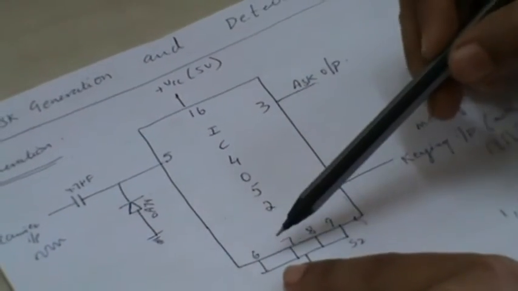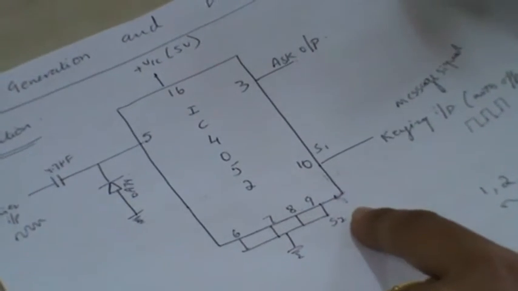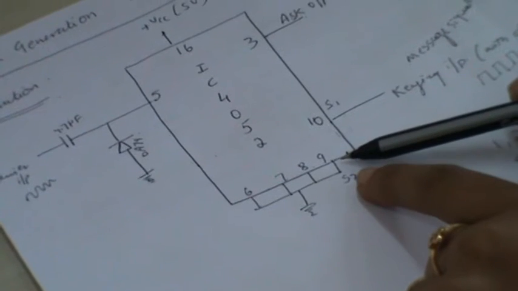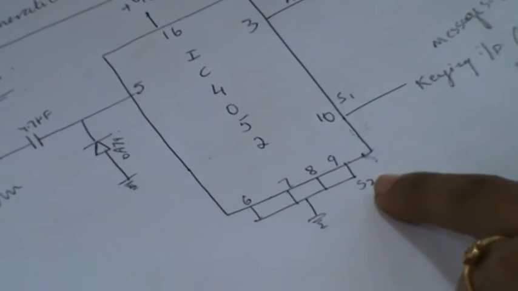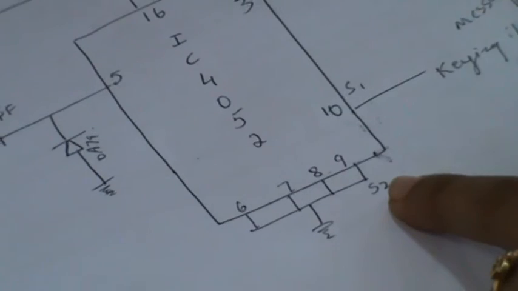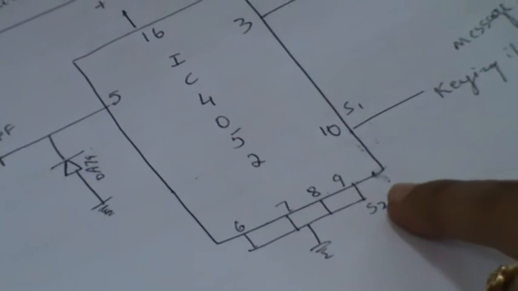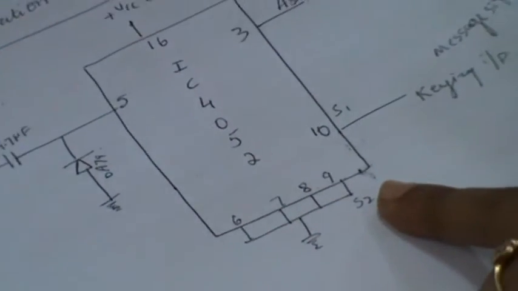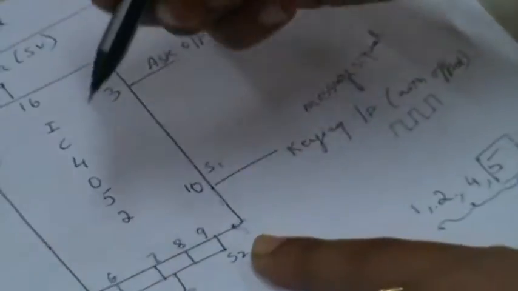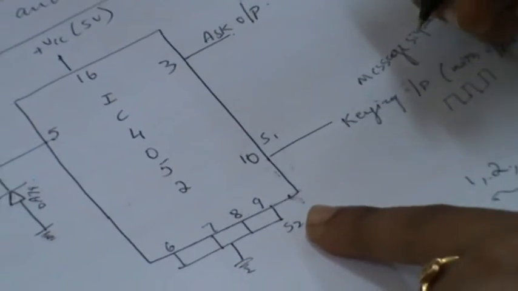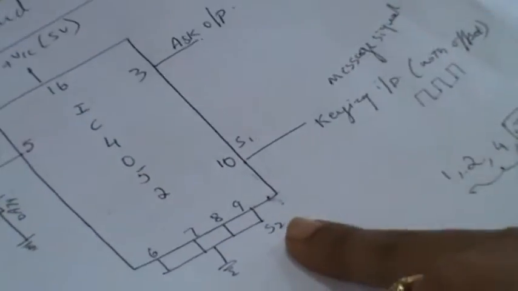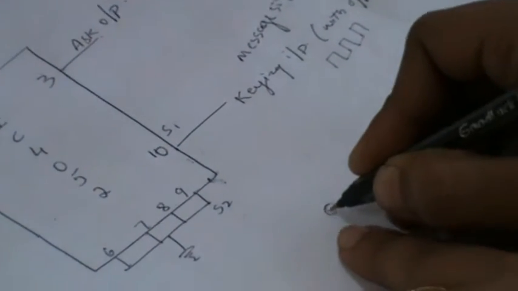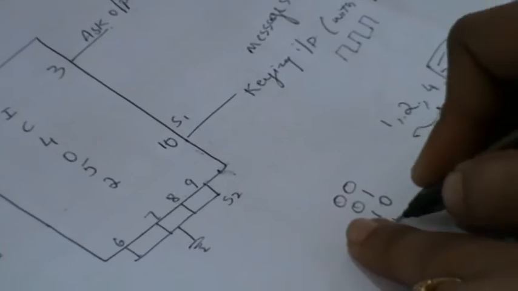Here pin numbers 6, 7, 8 and 9 are shorted. The reason is very simple: pin number 9 and 10 act as select lines for this IC 4052, because when you have the input signals at pin numbers 1, 2, 4 and 5, the IC takes them through the select lines. Pins 9 and 10 have 4 combinations when acting as select lines: 0 0, 0 1, 1 0, 1 1.